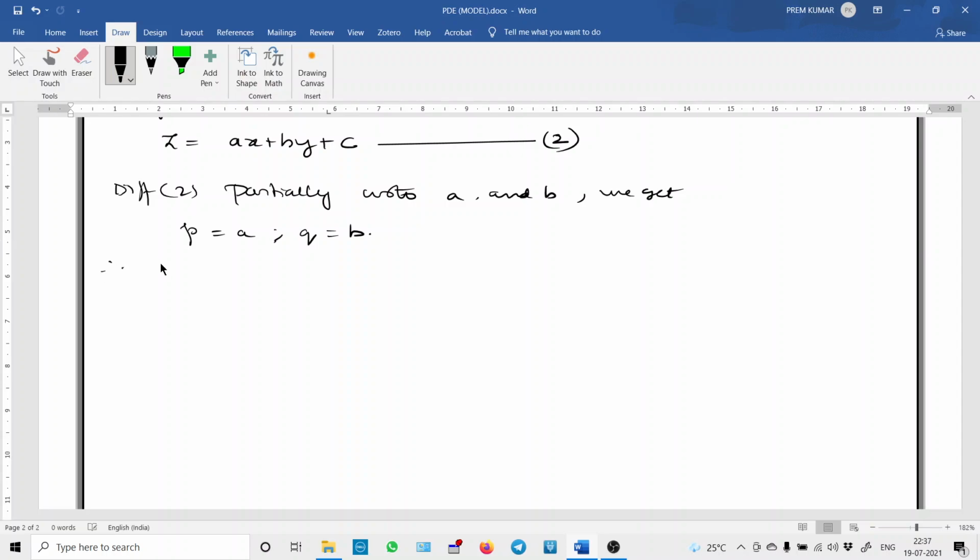Therefore, using the above in equation 1, because we replace p and q by a and b, we get a square plus b square equals 1, which implies b square equals 1 minus a square.